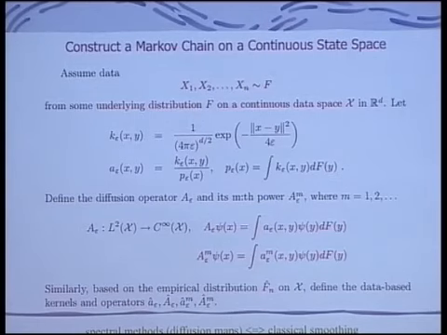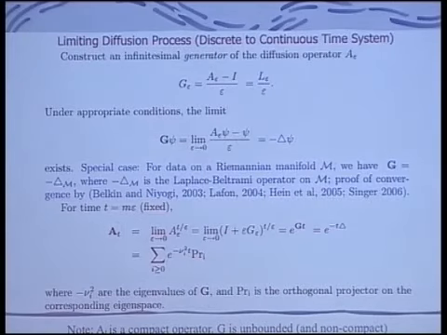Okay. So let's now look at the limiting diffusion process when we go from a discrete to a continuous time system. You can think of the time t as the scale of the analysis. When epsilon is small, t is the number of time steps m times a short time transition that's given by the bandwidth epsilon.